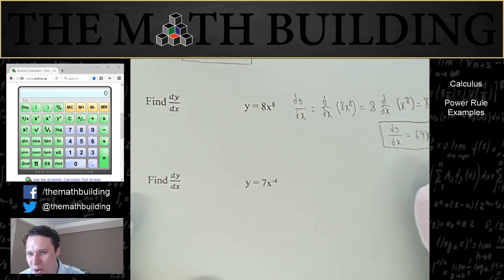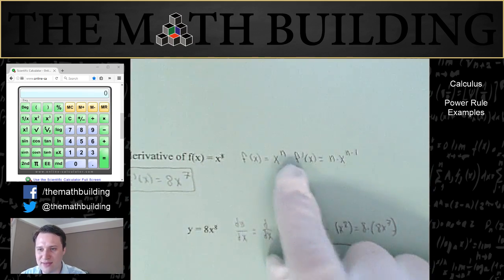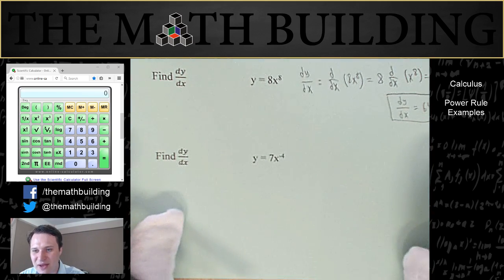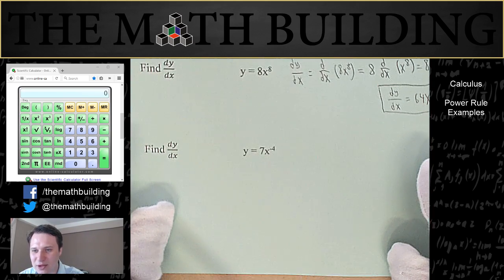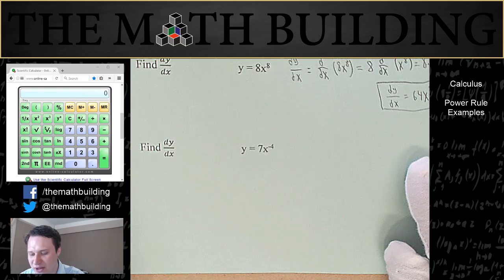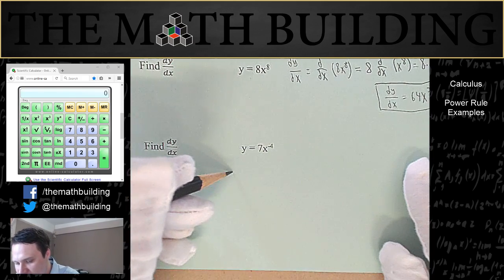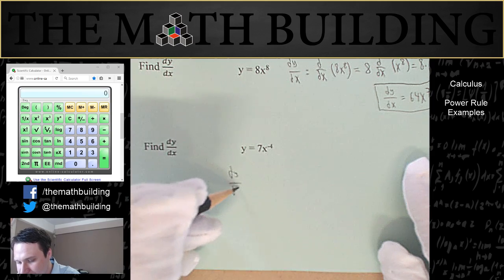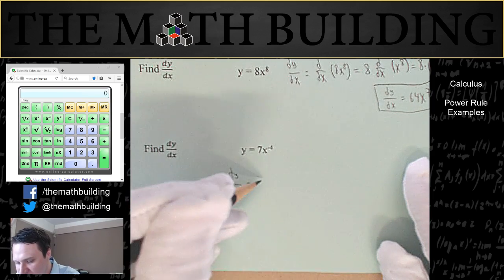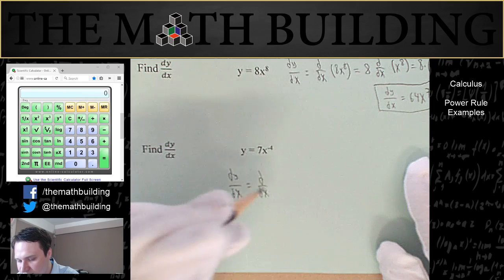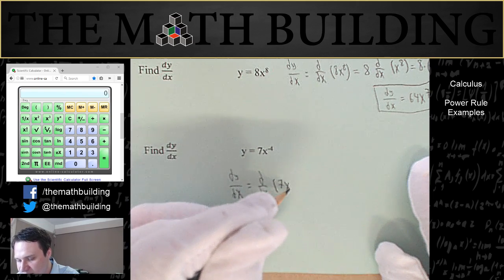By the way, the power rule, x to the n, works even if you have a negative number. Although I didn't prove that, I might prove that in a separate video, this basically works for any exponent. So let's do it. dy dx would equal the derivative with respect to x of 7x to the negative 4.